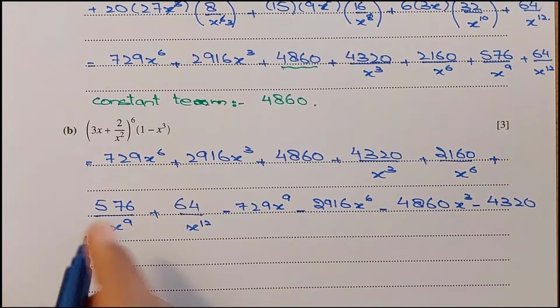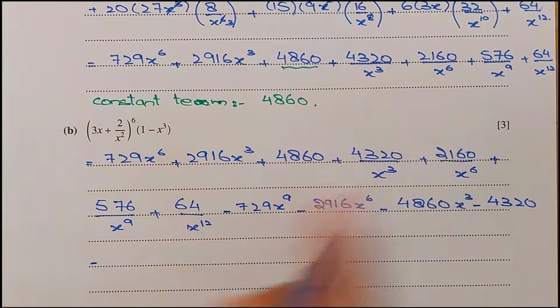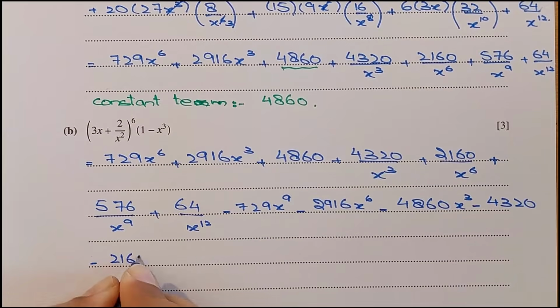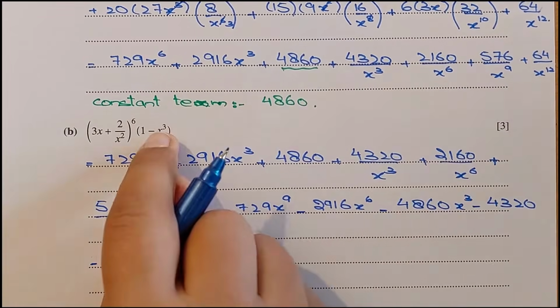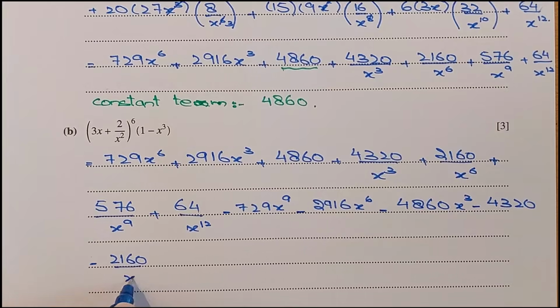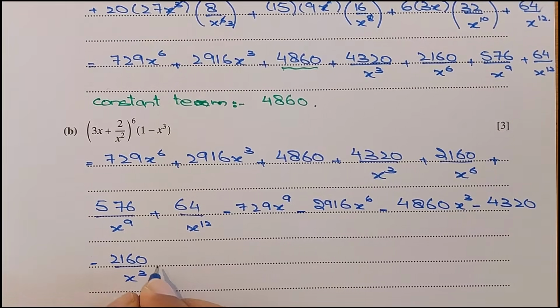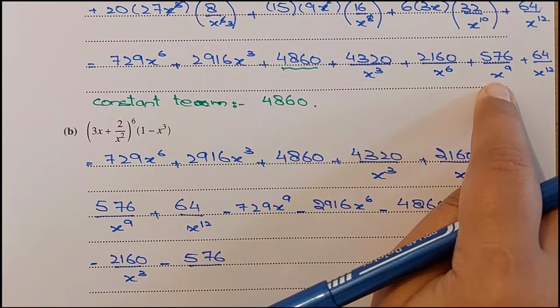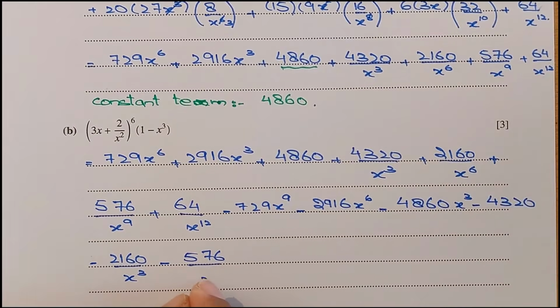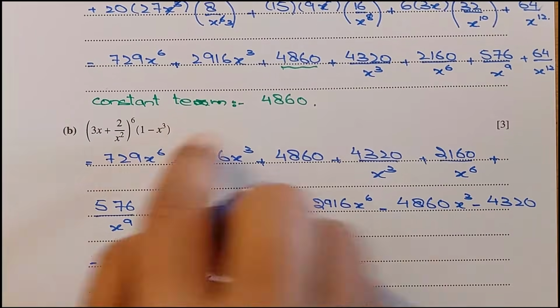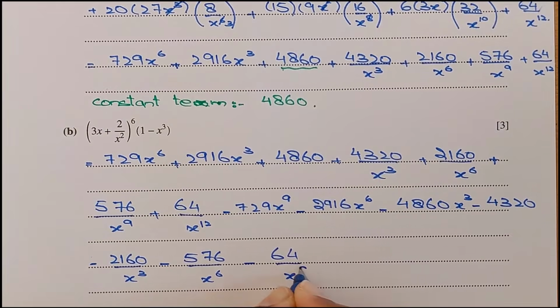The next term is minus 2160 divided by x cube, since x power 3 and x power 6 leave x cube. Minus 576 over x power 6, as 3 with 3 cancels, minus 64 over x power 9, as 3 and 12 cancel.